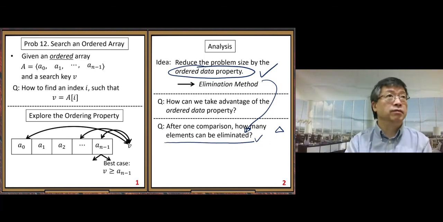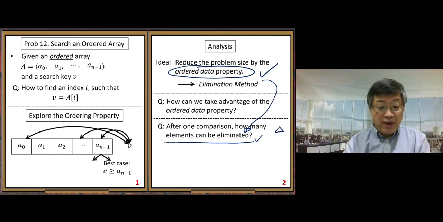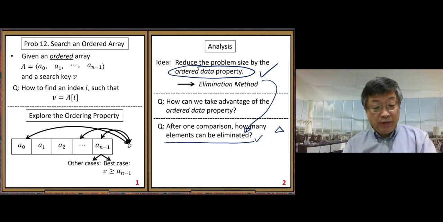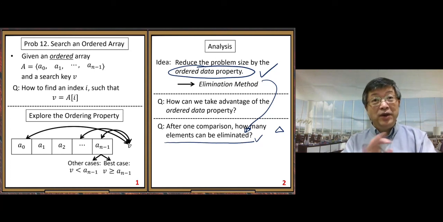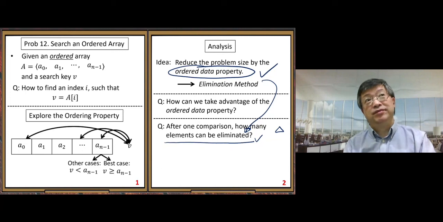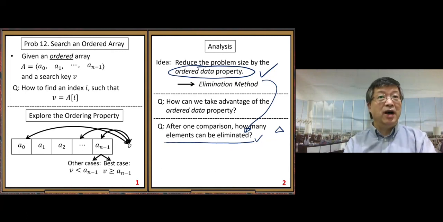Then we're done. So that's the best case. The other case is V strictly less than A sub n minus 1. Basically these two cases we need to consider. Now the question: which one should we worry about?